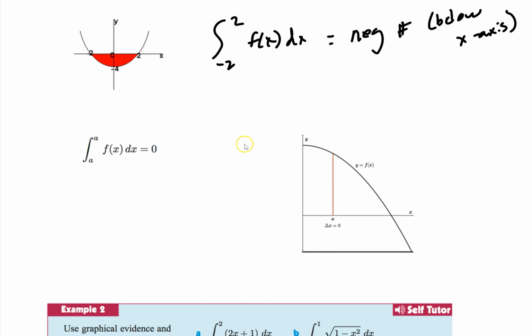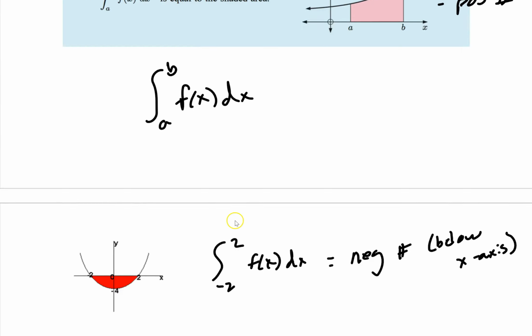And the final rule, if you're integrating from A to A, let's talk about it graphically. From A to A, there's no span here, right? You can't span from A to B. So the integral of a single point is always 0, because there's no width to it. We have to do more than a point. We have to go an actual distance. Anytime you see the limits of the integral, we call those limits. Probably something I should have told you earlier.